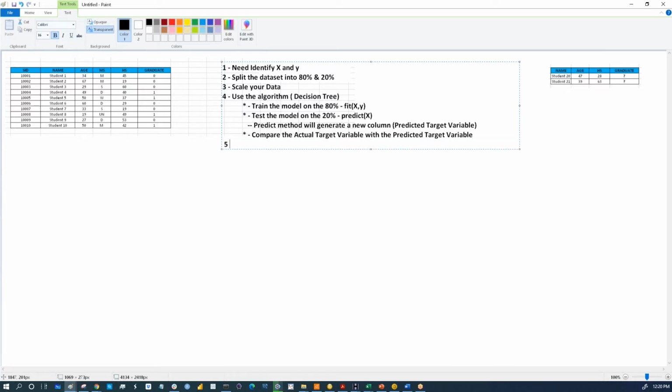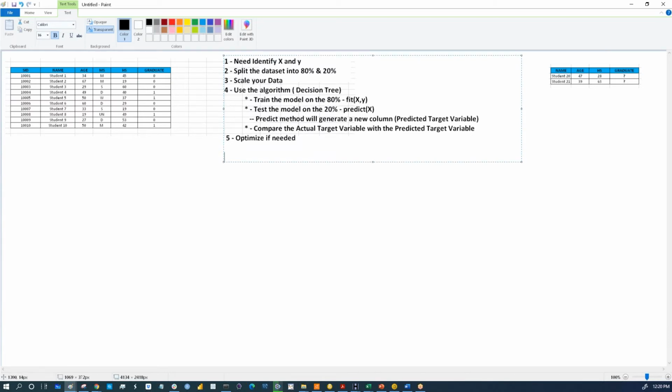Number 5, then optimize if needed. So this is the plan that we are going to follow to build the first algorithm, which is the decision tree.